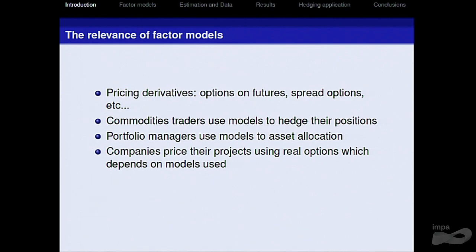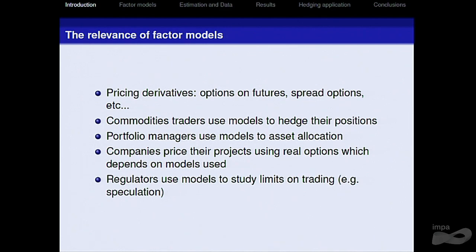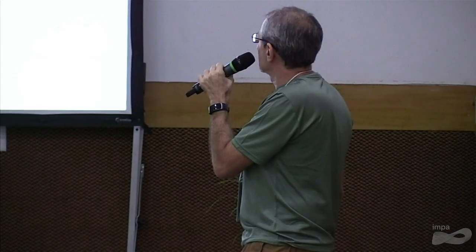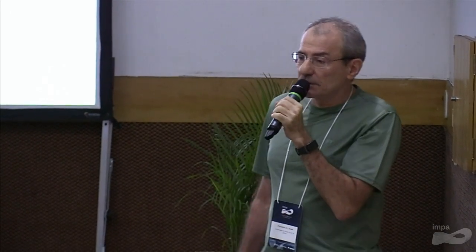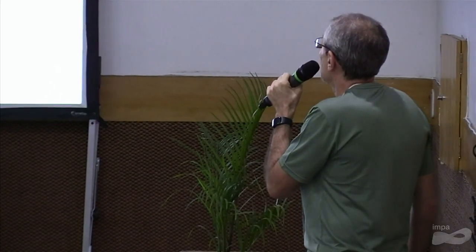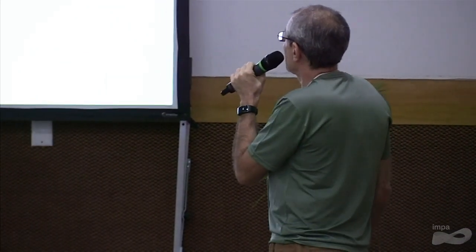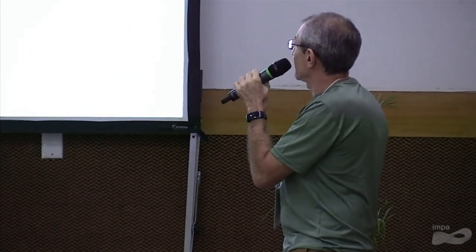Companies also price their projects using real options, and this pricing is dependent on the model you choose to describe the prices. Also, regulators use models to study limits on trading, mainly in the case of agricultural commodities that have an impact on inflation because of food prices.